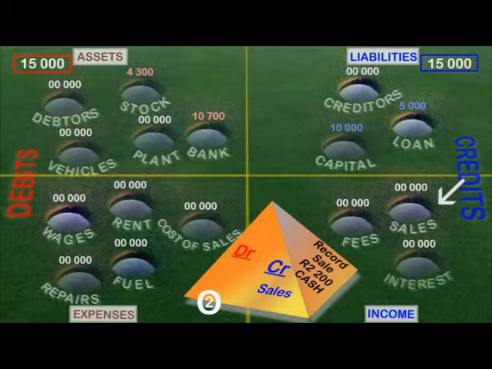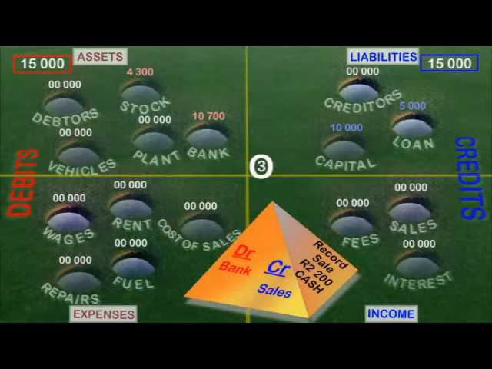This is a cash sale, and therefore the bank asset will increase with the amount of the sale. So the debit entry will go to bank. Step 3, process the entries as we define them. Debit to bank.